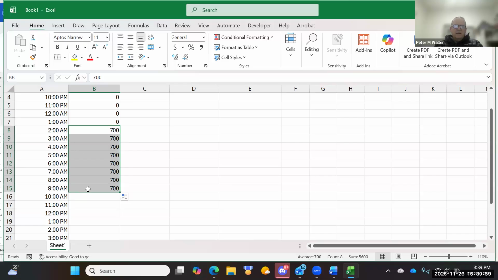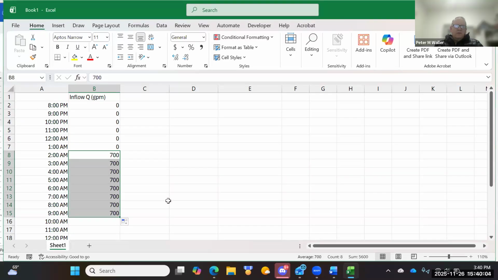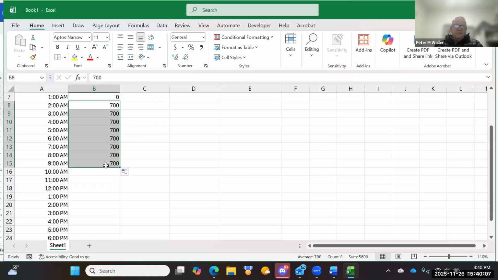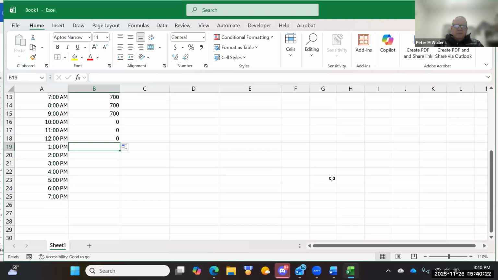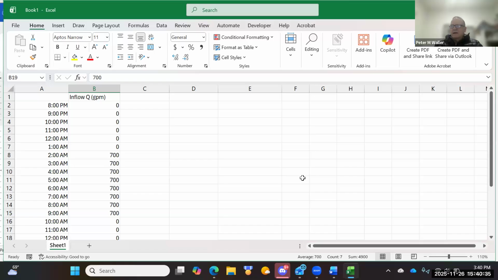So I'll run it from 5 a.m. to 9 a.m. And then I won't run it for some time. But then I'll have to start up again and fill the reservoir before the other pump gets started. So I'm just going to run it for this amount of time. And then my other pump is going to turn off at 8 p.m. And the idea is I'll have zero water left at that time.